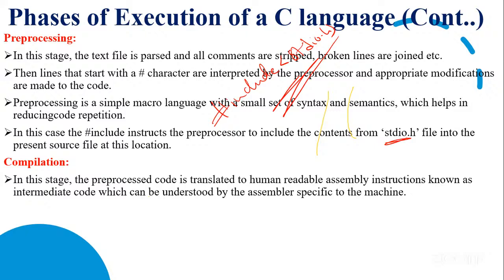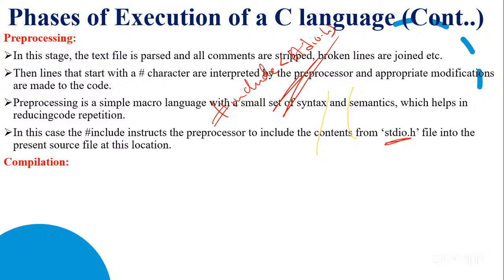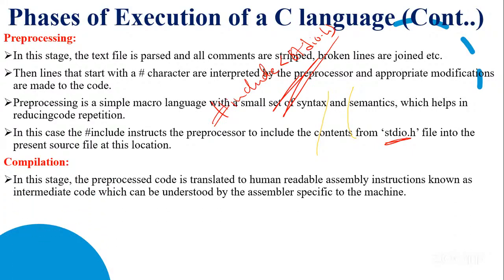At the preprocessor stage, some modifications will be done to the code. And in the compilation stage, the high level language, whatever you have written in C language, will be converted into intermediate level code. And in the assembly stage, the intermediate code will be converted into binary code.